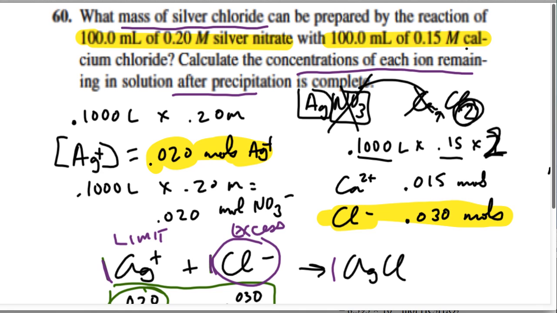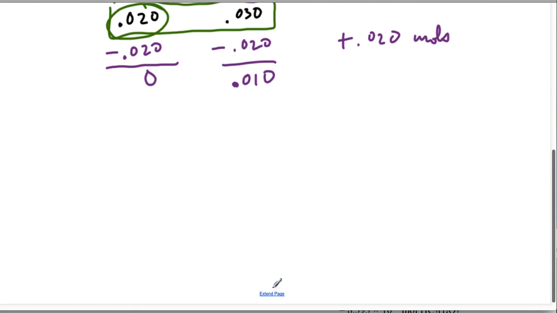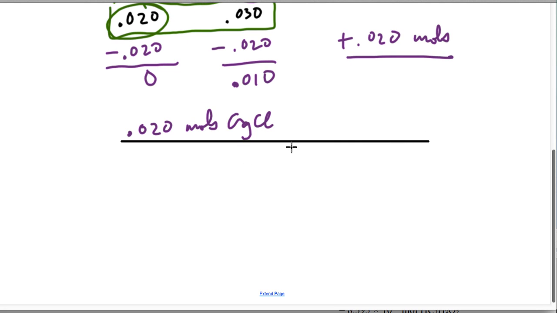So when I go to find the mass of silver chloride, what I do is I come back over here. It shows me that I have 0.020 moles of AgCl from right here. And I'm going to just put it into a grid. So all I'm going to do is grid it up.